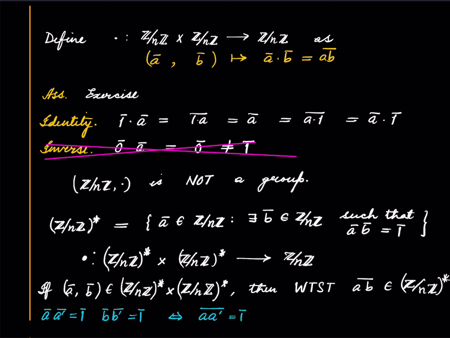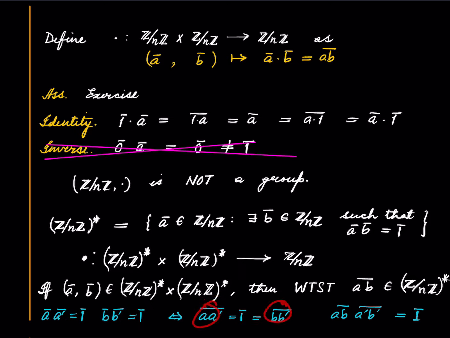And now just observe that AB bar times A prime B prime bar is equal to 1 bar. So why is that? Basically just multiply this with that would be equal to this multiplied with that, and hence this multiplied with that is equal to 1 bar.